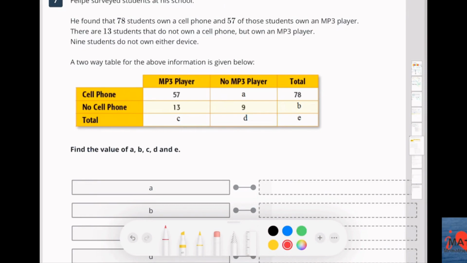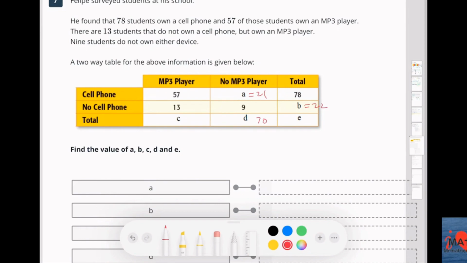Okay, so in this problem, just take your calculator and do a bunch of subtractions. To figure out A, I'm just going to subtract 78 minus 57, and that gives me 21, right? 57 plus 21 gives me 78. 13 plus 9 gives me 22. Going down, 21 plus 9 gives me 30.